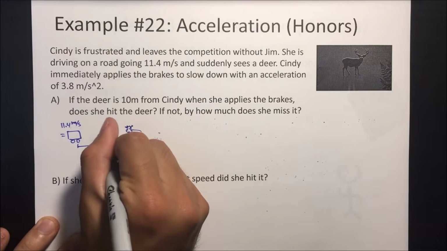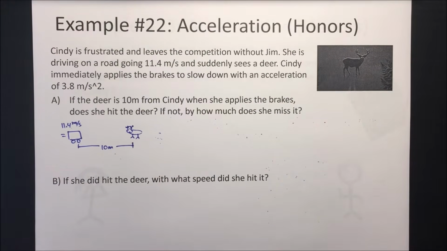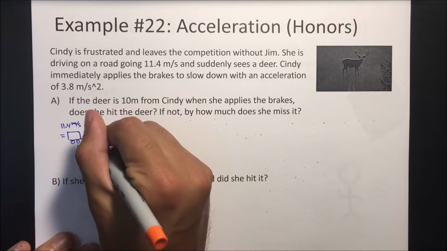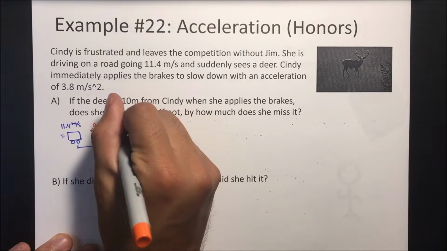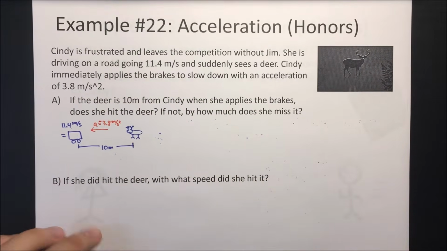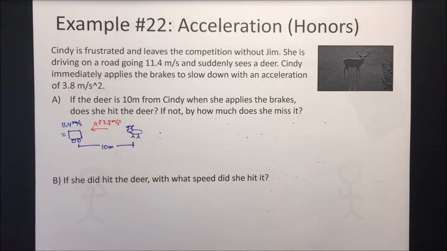She applies the brakes. So the acceleration is going to be going the other way, 3.8 meters per second squared. And since it's going to the left, it's going to be negative. And we want to know, is she going to be hitting the deer or not?